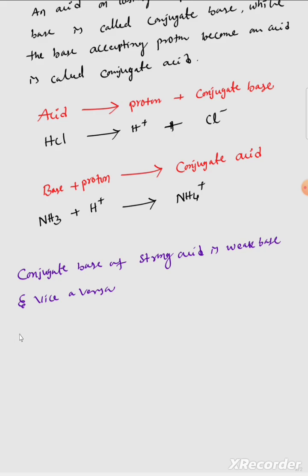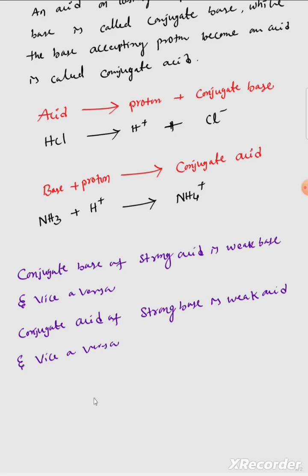Next, the conjugate acid of a strong base is a weak acid, and vice versa.